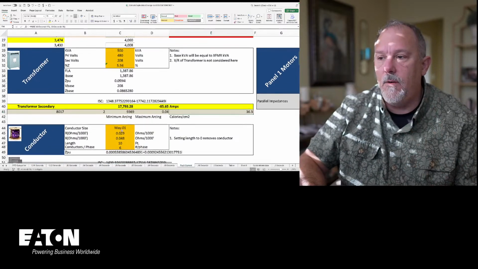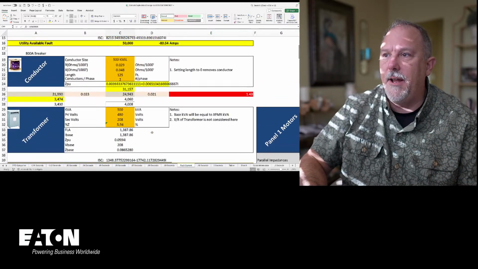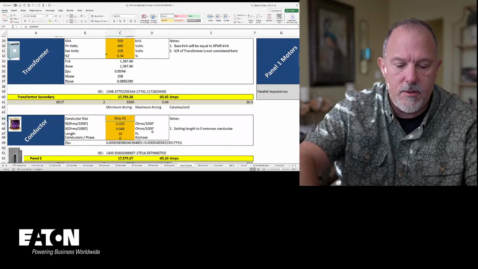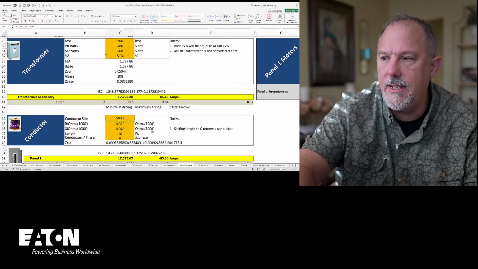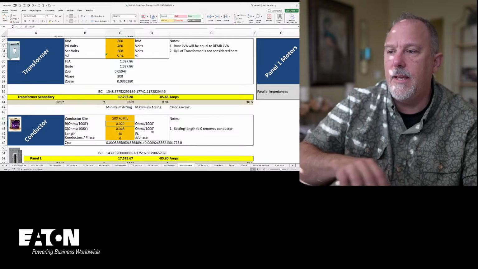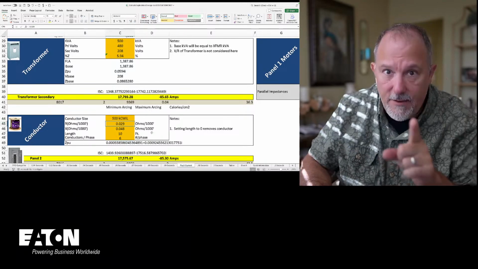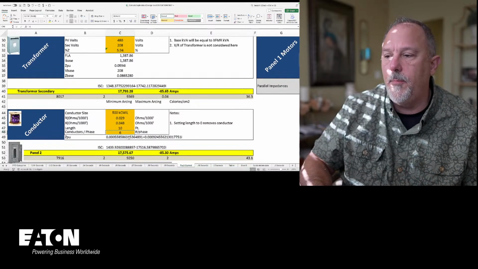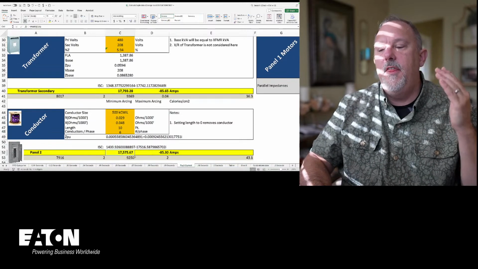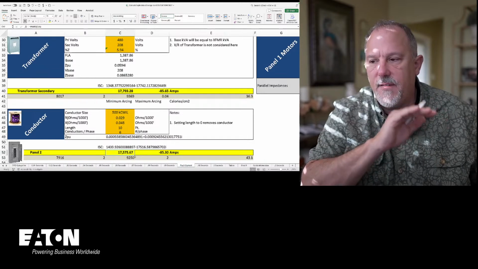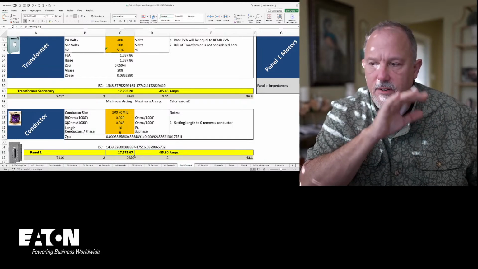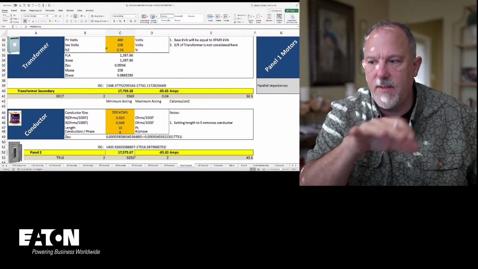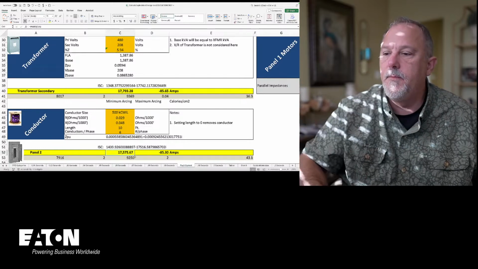So now I'm going to add another 500 kcmil, 10 foot, 6 conductors per phase. This is going to a panel board. That's going to give me 576 amps, or 17.6 kiloamps.